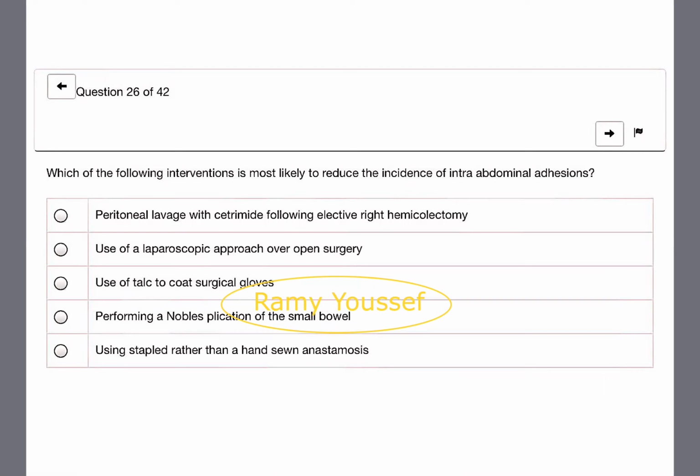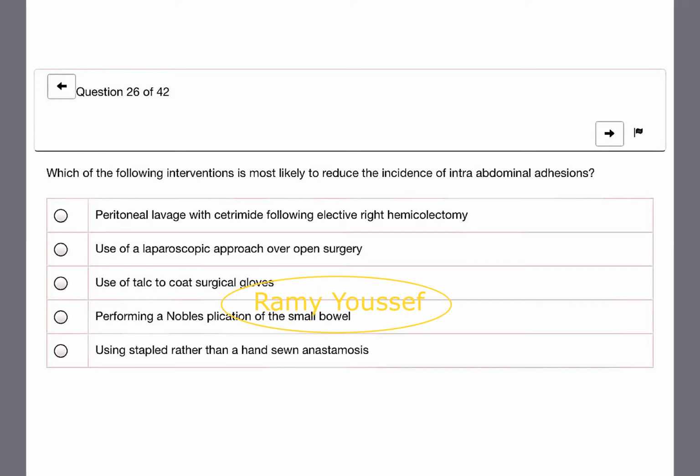A, peritoneal lavage with citramide following elective right hemicolectomy; use of laparoscopic approach over open surgery; use of talc to coat surgical gloves; performing a Noble plication of the small bowel; using staples rather than a handsewn anastomosis.